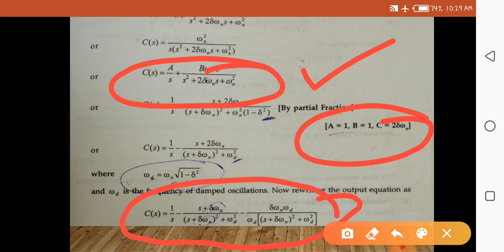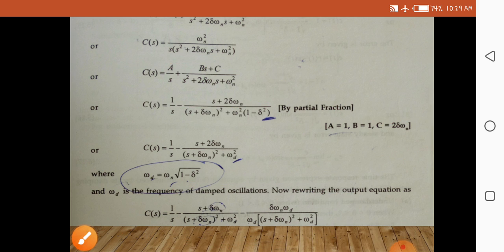So C(S) equals 1 upon S minus (S plus delta omega n) upon ((S plus delta omega n) whole square plus omega d square) minus (delta omega n upon omega d) times omega d upon ((S plus delta omega n) whole square plus omega d square). This is the output equation of C(S).